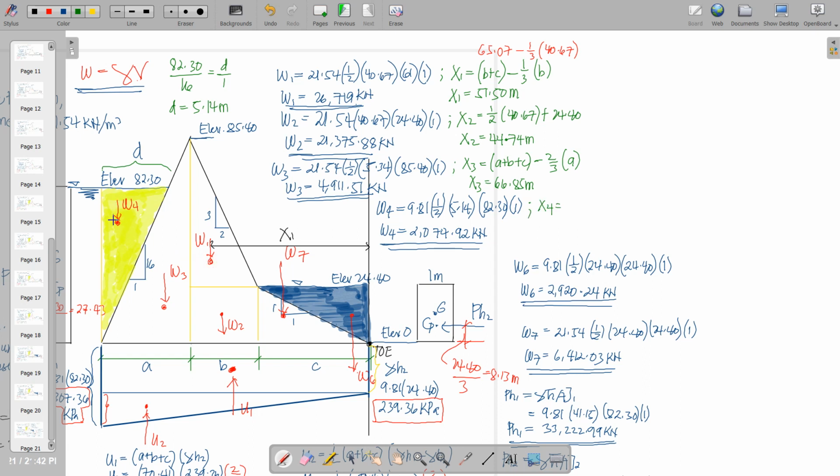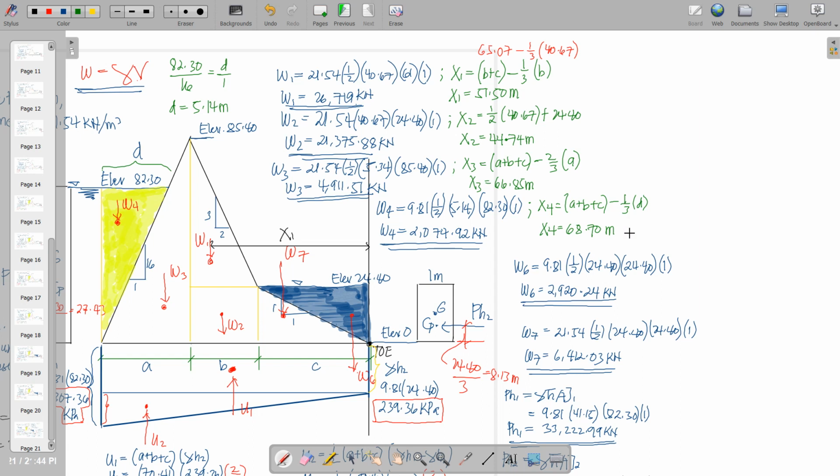So, moving on for X4. W4 is actually the weight of the water being carried and transmitted to the base of this dam. So in here, we can also add all of this, A plus B plus C, the total, and then we deduct 1/3 of D. So this is 1/3 of the base, which is D. Okay.